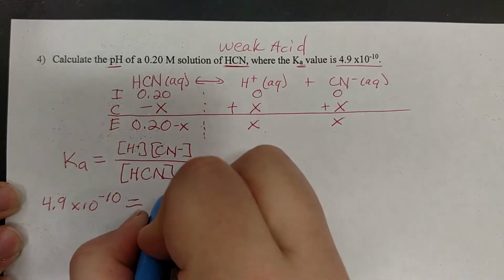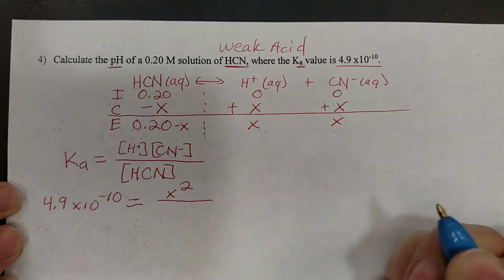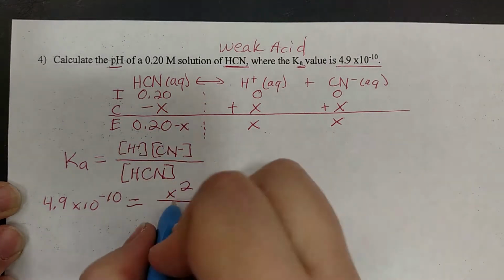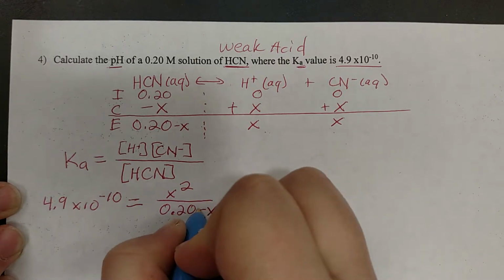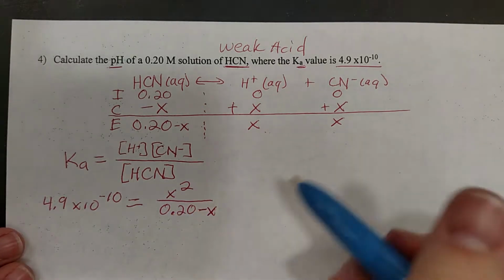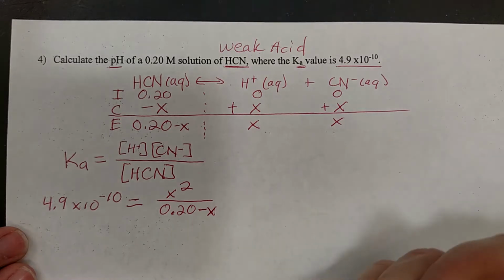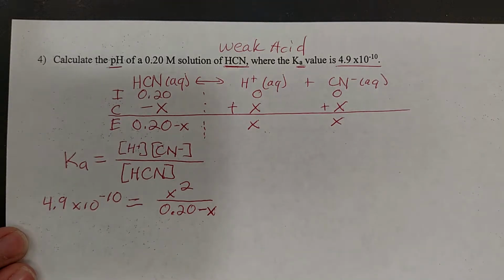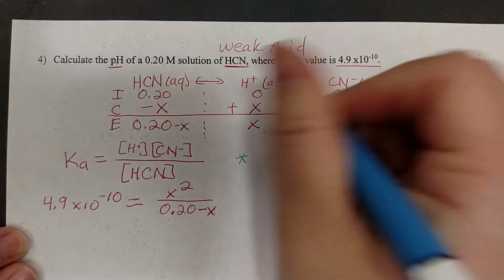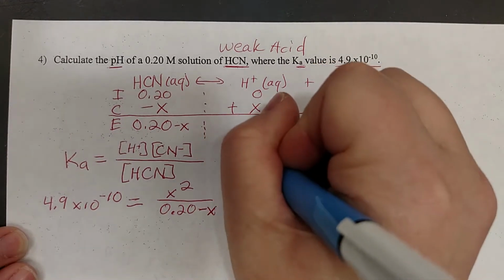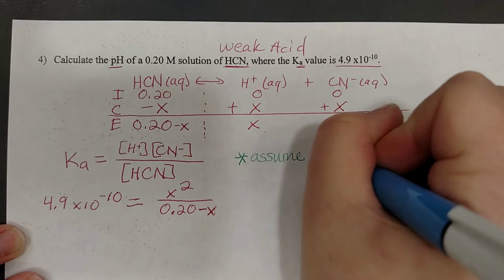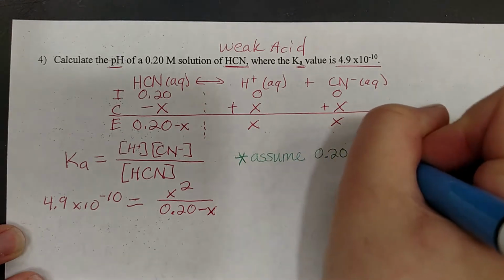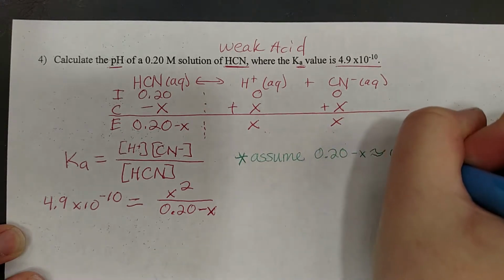Hydrogen and cyanide are both x, so we get x squared. And HCN is 0.20 minus x. And again, we can assume that our x value is so small that it's not going to affect our outcome here. So we assume that 0.20 minus x is about the same as 0.20.